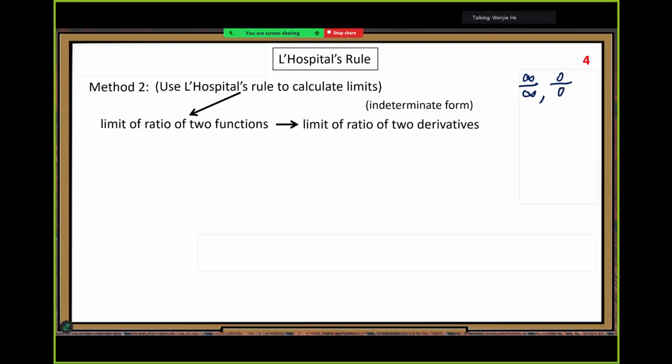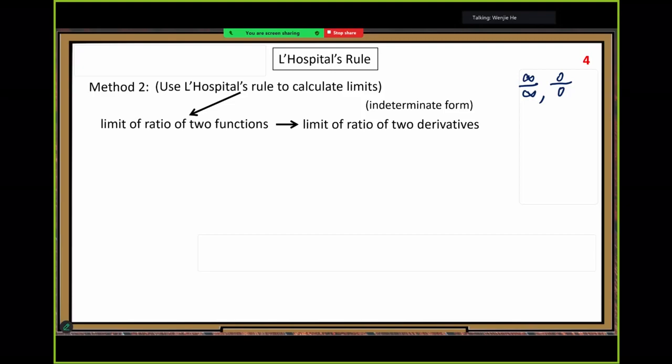Here it's a form, just to give you the idea, the look of the ratio of two functions. 0 over 0 means the numerator function approaches 0 and the denominator function also approaches 0. That's also indeterminate.